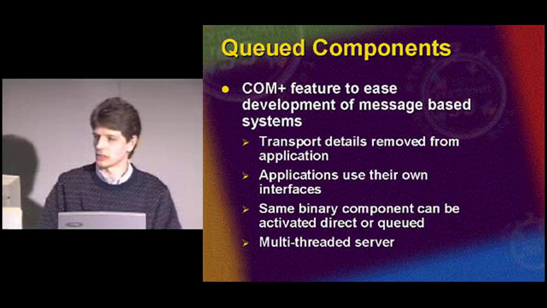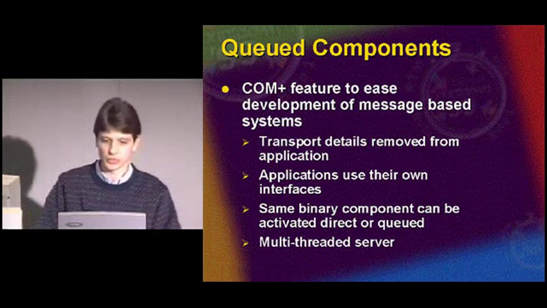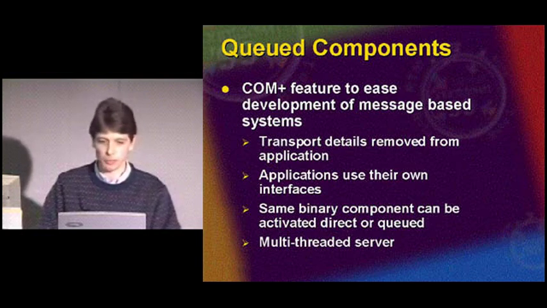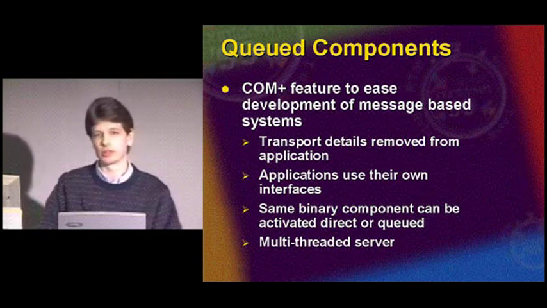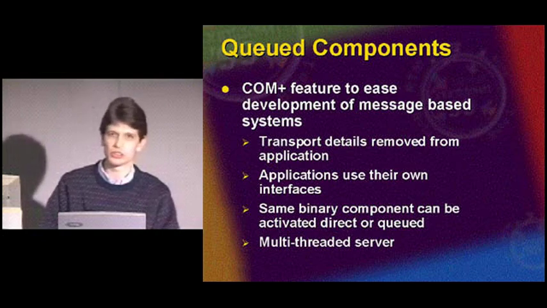So transport details, how the application gets data from the client to the server, should be completely removed from the application. With a traditional message-based system, the application is responsible for marshalling the data that gets passed along the message queuing system. It's responsible for putting the data into the messages and getting the data out of the messages.